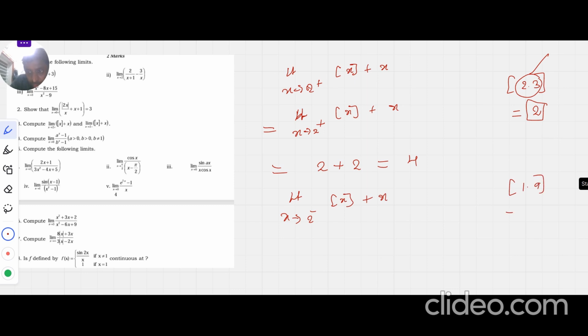Step of 1.9, how much value? Step of 1.9 is 1, because it is the nearest integer below. That's very important, not 2, but 1. So step x value becomes 1 now, and x value is 2. 1 plus 2 is how much? 3. Okay.